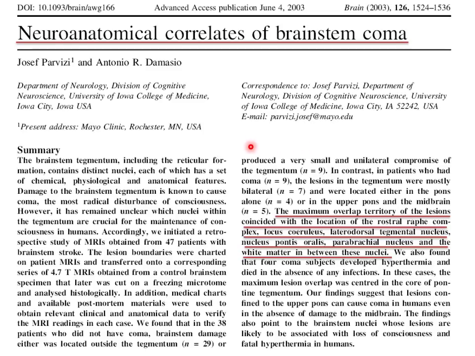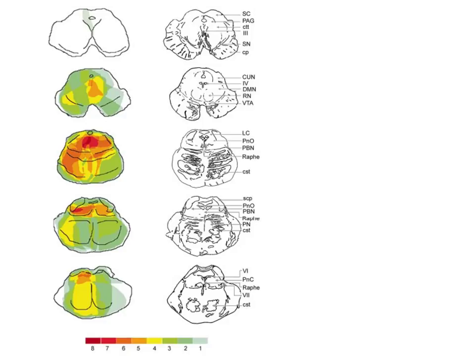Damasio and colleagues examined a number of patients who were comatose to determine where their lesions were located. And in this setting, we can see the convergence of all of those different regions.